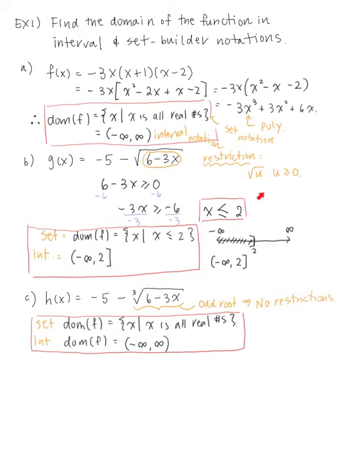So if I plug in 3 in place of x, you're going to have the square root of 6 minus 9, which is going to give us a negative radicand. So in that case, remember, the square root of a negative is undefined. So in order for the square root to be defined, all the values that you plug in for x have to be less than or equal to 2. And that's what you just discovered.